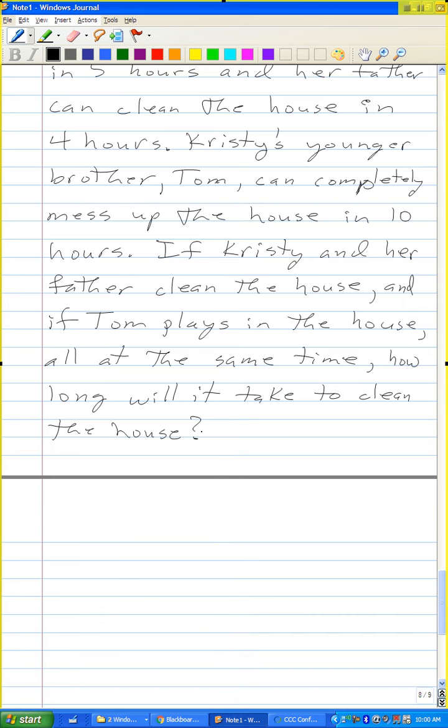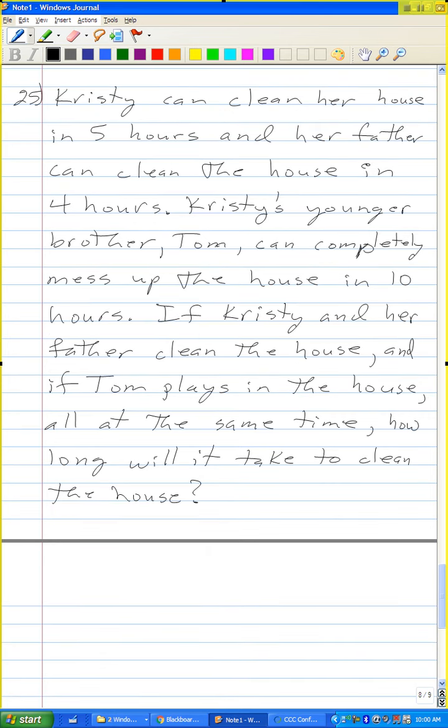Okay, so let's see that. Christy can do it in 5 hours, so she can clean 1/5 of the house per hour. Her father can clean the house in 4 hours, so he can clean 1/4 of the house per hour.